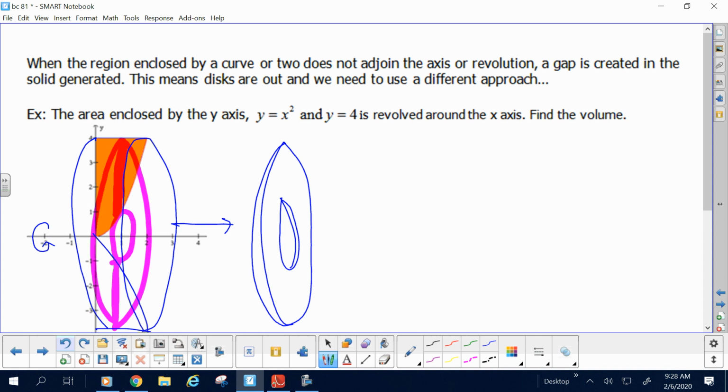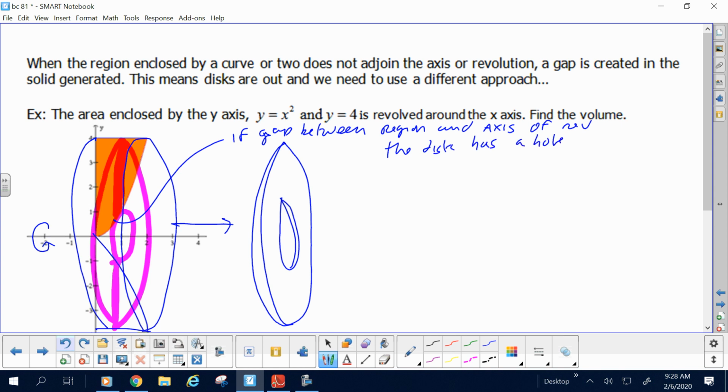One slice would anyway. Now because if there's a gap between the region and the axis of revolution, the disk has a hole in it. And so it becomes a washer.